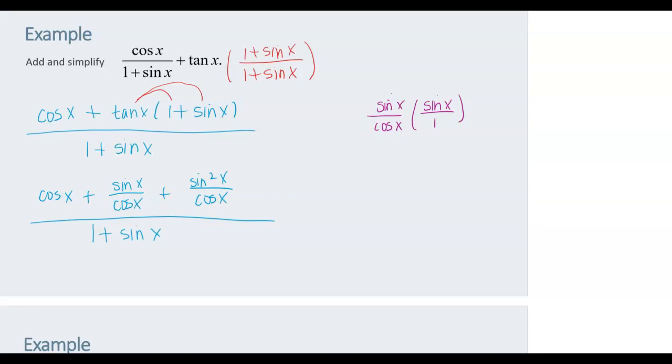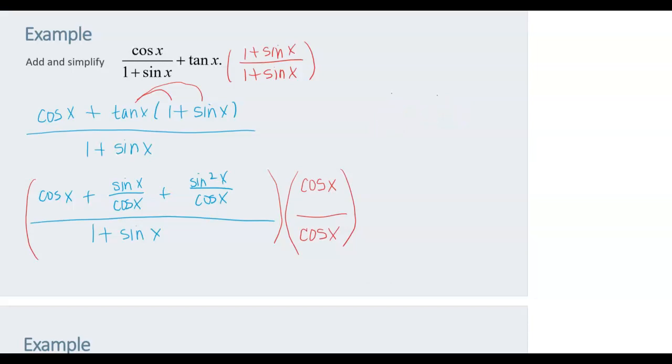Okay, because I've got now again a complex fraction, and so to clear all the denominators, I multiply by whatever that denominator is. Common denominator is going to be cosine x. I'll multiply both top and bottom by cosine of x. Let's go over here to the side. I'm going to move up here.